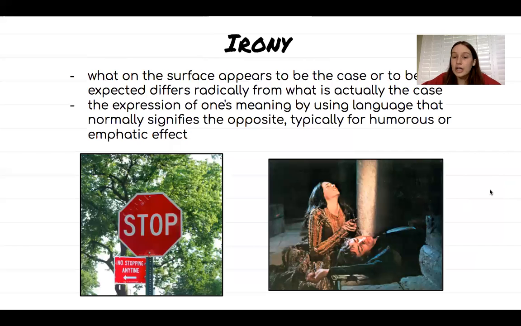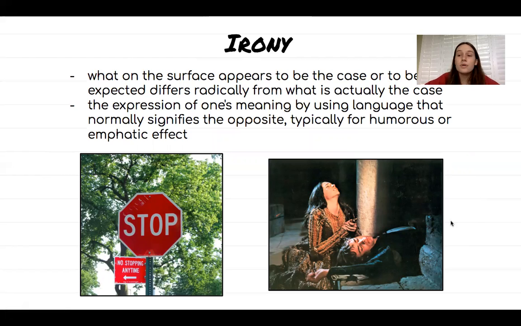The next term is irony. Irony is a little more complicated, not really. It's when what on the surface appears to be the case or to be expected differs radically from what is actually the case. So it's the expression of one's meaning by using language that normally signifies the opposite, typically for humorous or emphatic effect. In the example to the left, the stop sign says no stopping anytime.